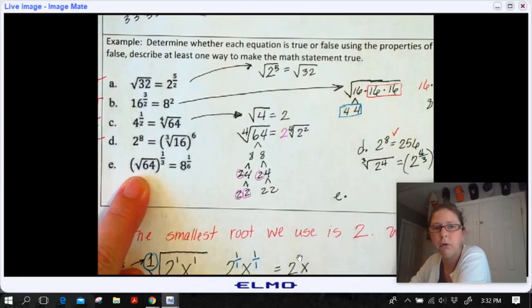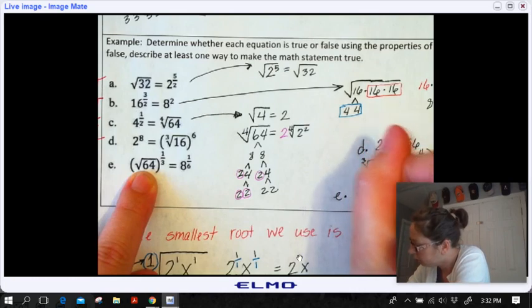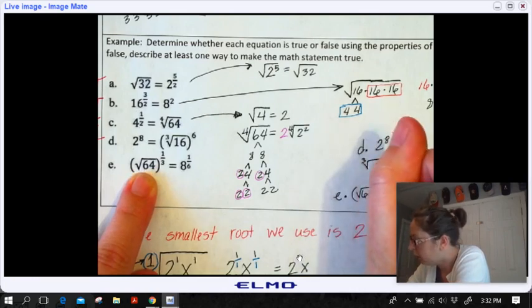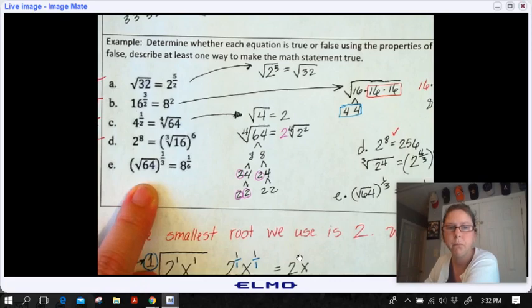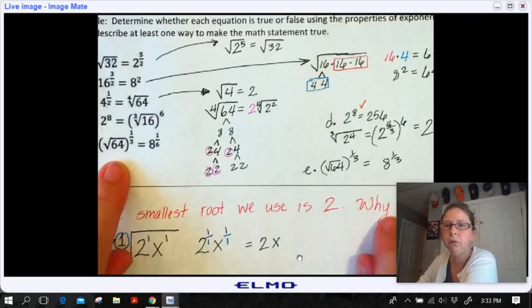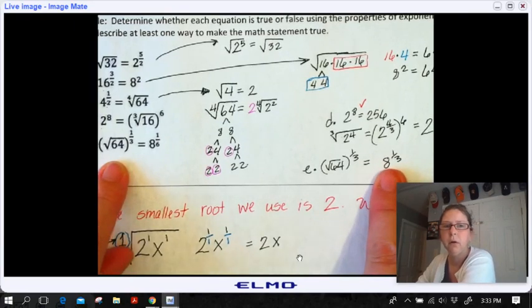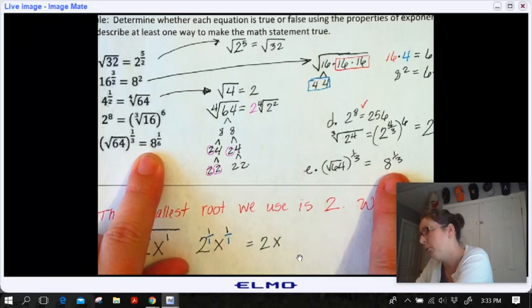The square root of 64 is the same as 8, to the 1/3 power. So that's the same thing as 8 to the 1/3 power. Well, 8 to the 1/3 power cannot possibly be the same as 8 to the 1/6 power.